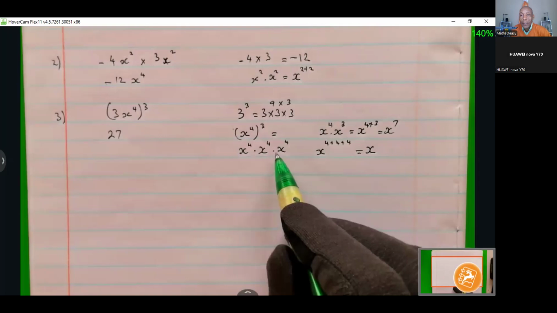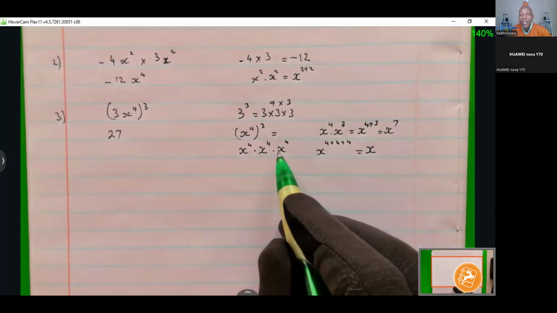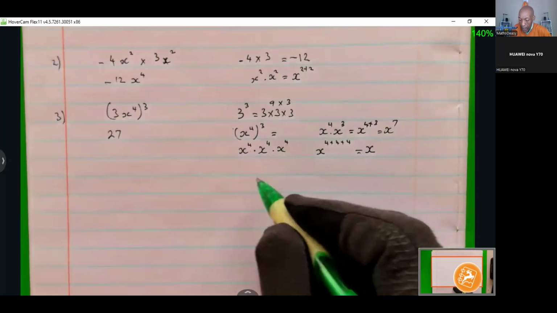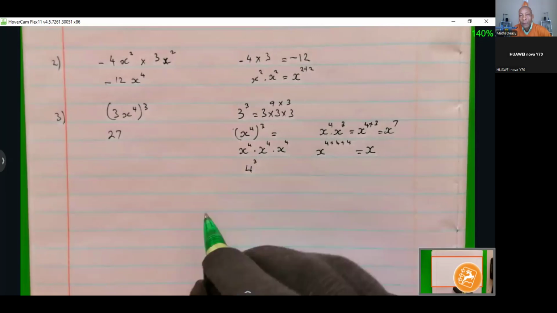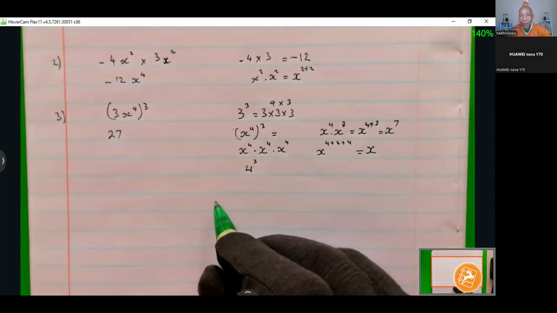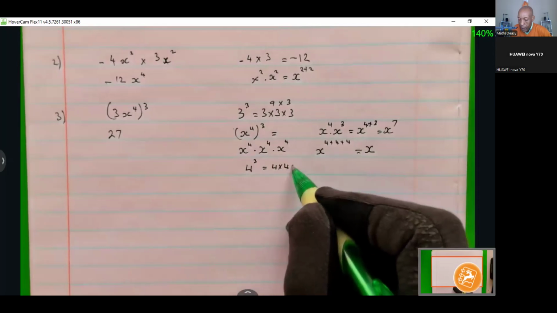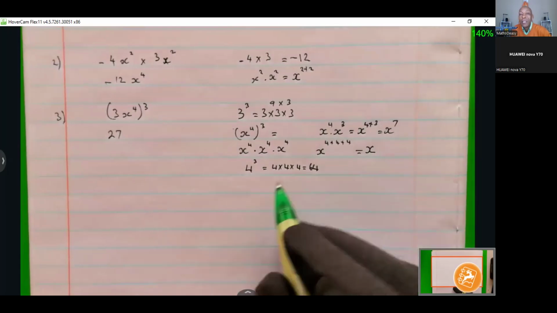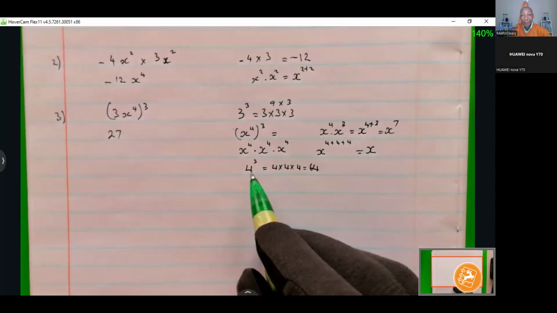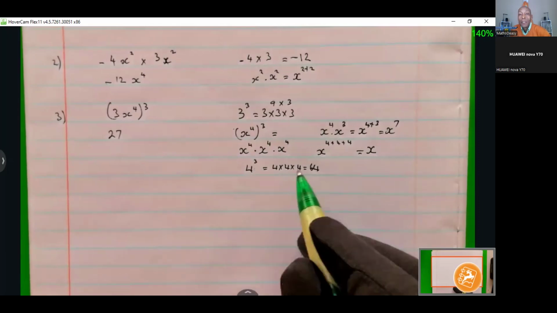Yes, right. There's a difference between when you are multiplying exponents and when you are saying 4 to the power of 3. 4 to the power of 3, you are correct when you say it's 64, but we are not calculating 4 to the power of 3.